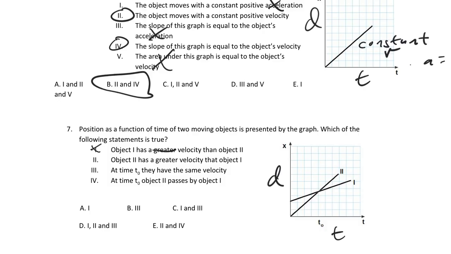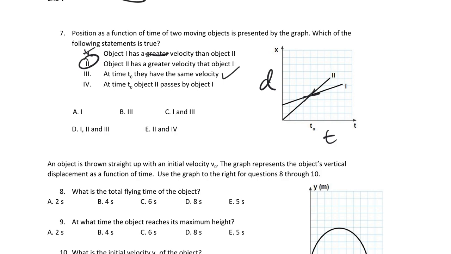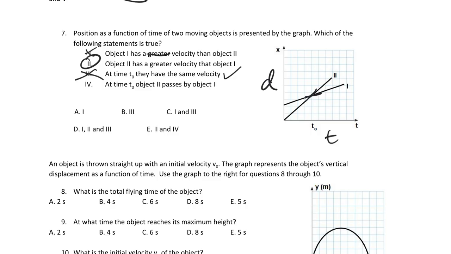Object 2, yes, has greater velocity because it's a steeper slope. At time TO, no. If this is a V versus T graph, this would be true, but no, the slope is different at that point. So that's not true for a D versus T graph.